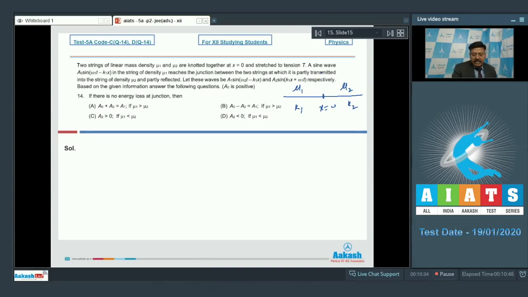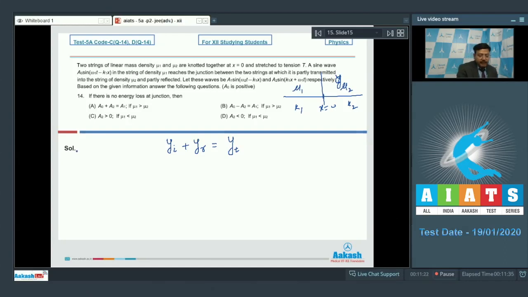Now if displacement of a particle is represented by y, then for the sake of continuity, what we have is y due to incident wave plus y due to reflected wave at x equal to 0, just to the left of the boundary, has to be equal to y due to the transmitted wave. Now it has been given to us that the reflected wave has amplitude A2 and the transmitted wave has amplitude A1.